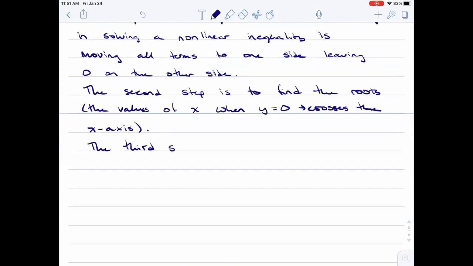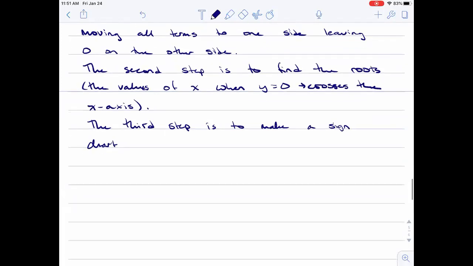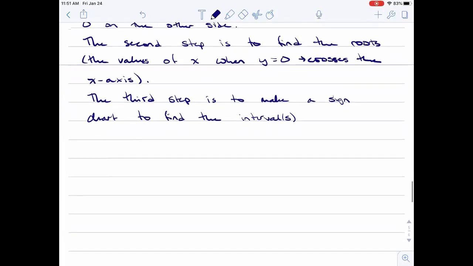So the third step is to make a sign chart to find the intervals, potentially multiple, that satisfy the inequality.